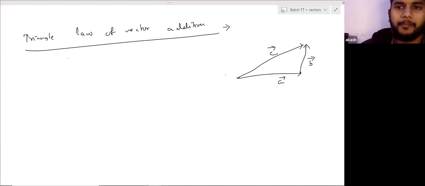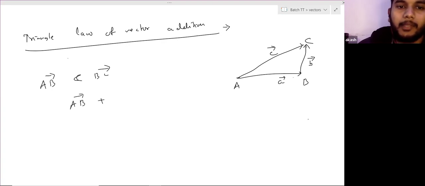What does this law say? If two sides AB vector and BC vector represent two sides of a triangle, then we can say AB vector plus BC vector is equal to AC vector.